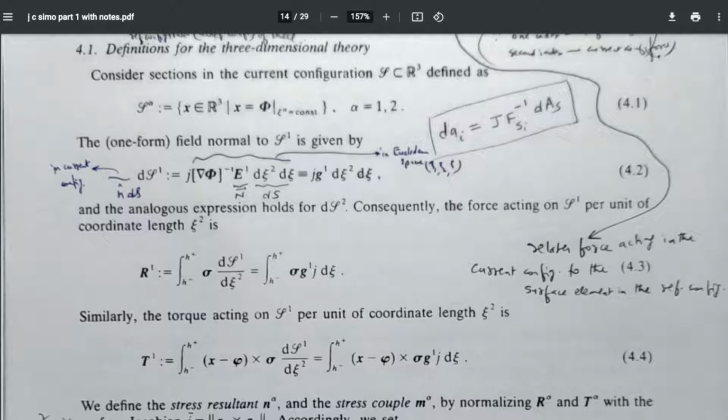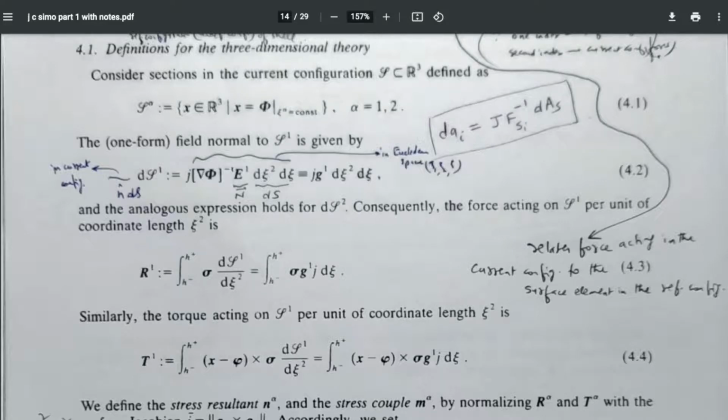So the derivative of phi will give us G subscript 1, G subscript 2 and G subscript 3, and from those we can obtain the contravariant components. Now if we multiply this area vector with sigma, we will get the corresponding force which is acting on any general area in the current configuration.